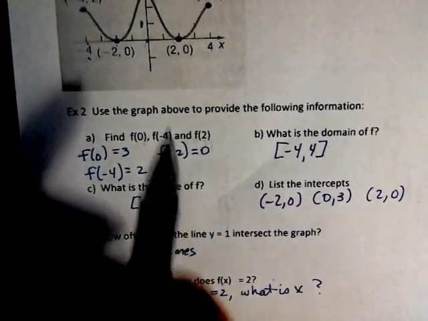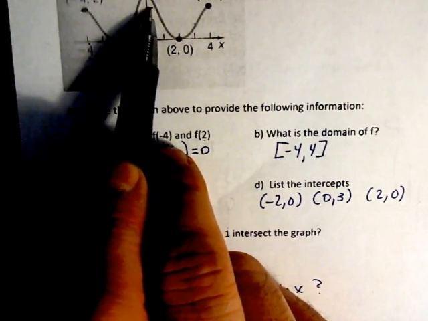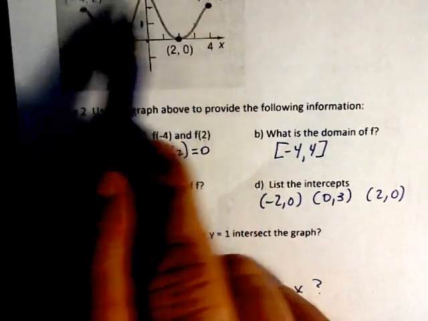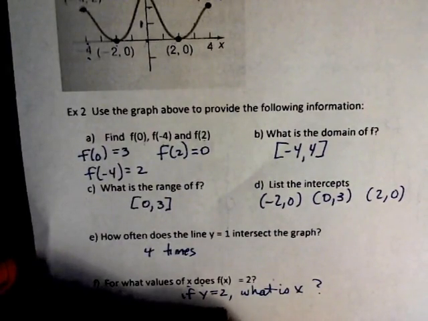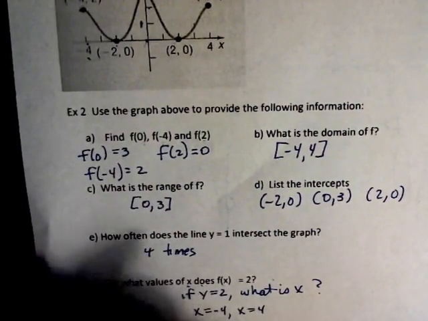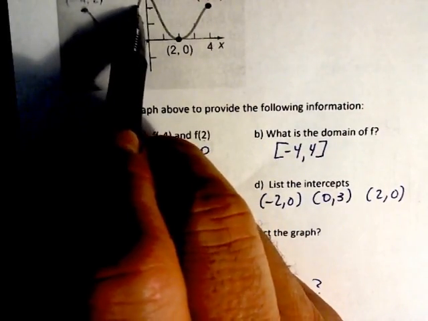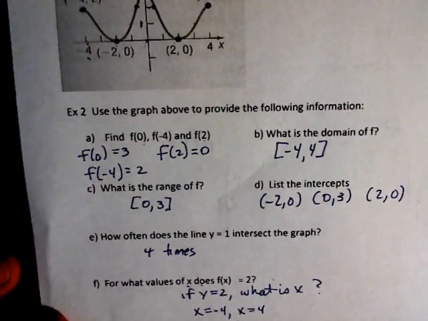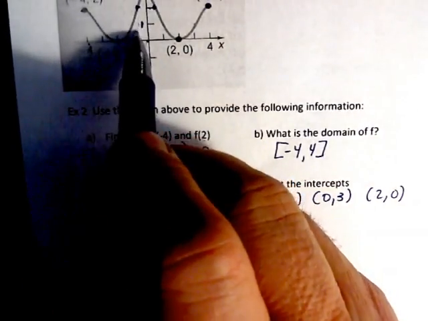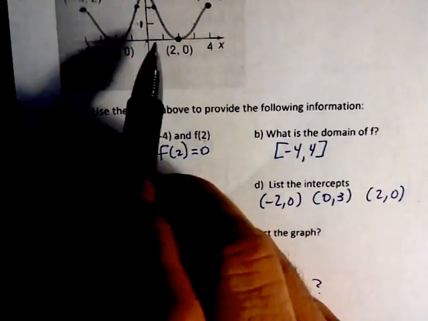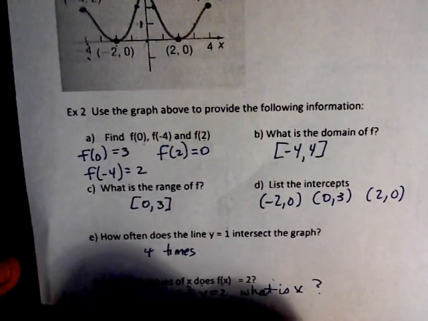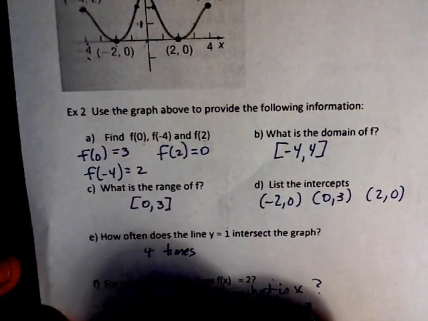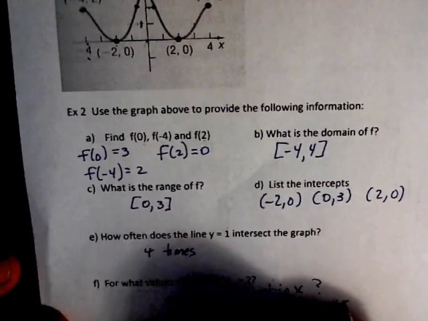So, in this instance, I go to 2 on the y-axis, and we have definitely 2 points that we know. X is negative 4, x is positive 4, but we also have 2 points here. Now, they don't have plots, they don't have dots, but we can estimate by just saying, okay, if the point here when y is 2, then let's say x is about 3/4, which is 0.75.